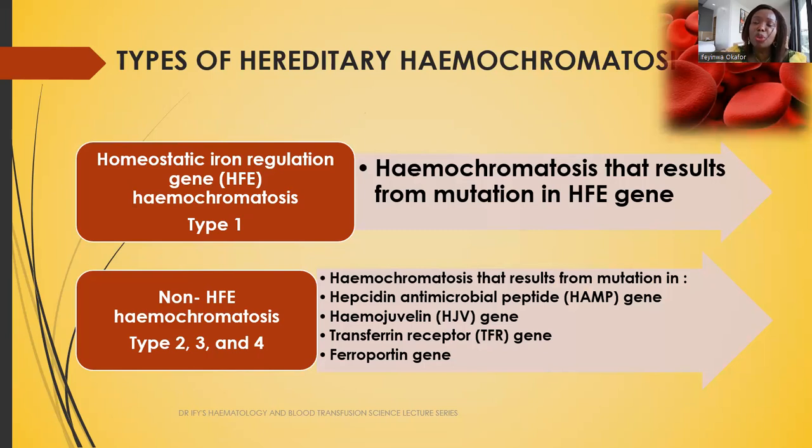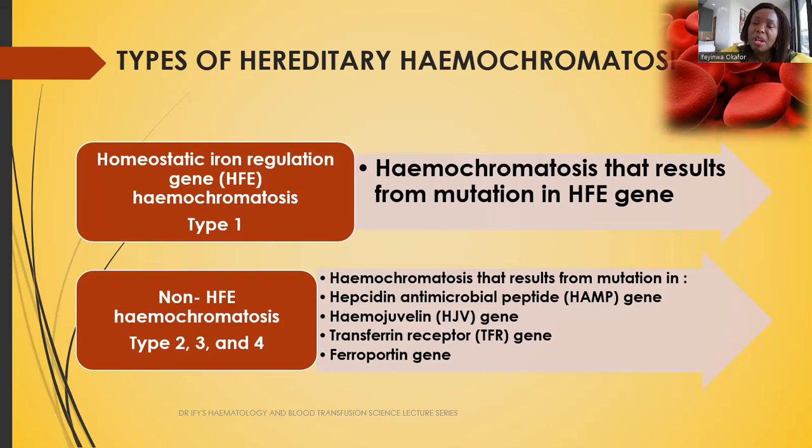grouped into 2 types: the HFE hemochromatosis and non-HFE hemochromatosis. The HFE hemochromatosis, type 1 hemochromatosis, is an example of HFE hemochromatosis.